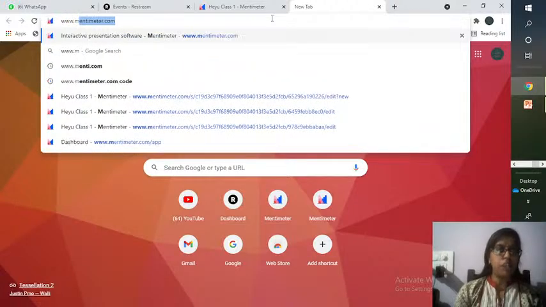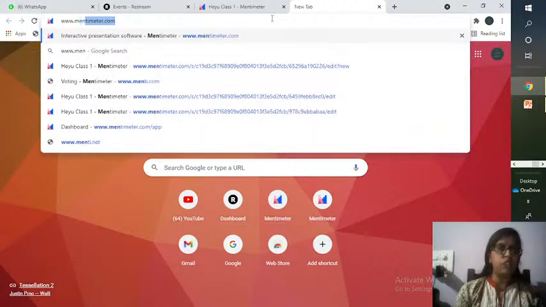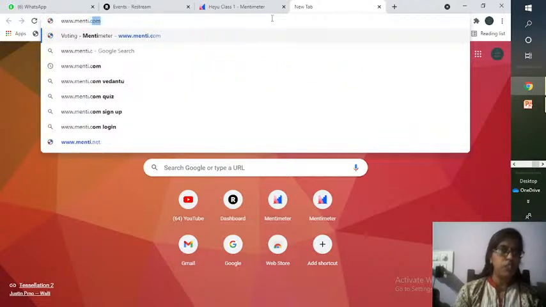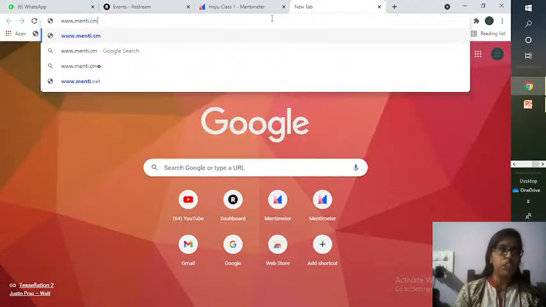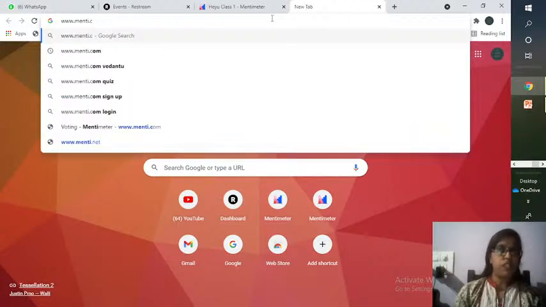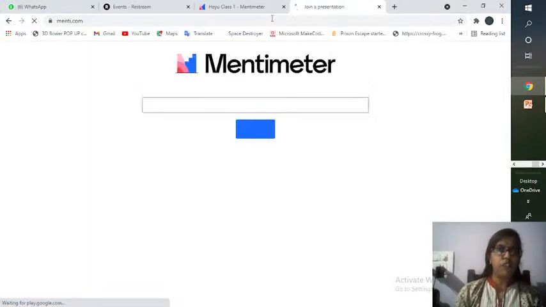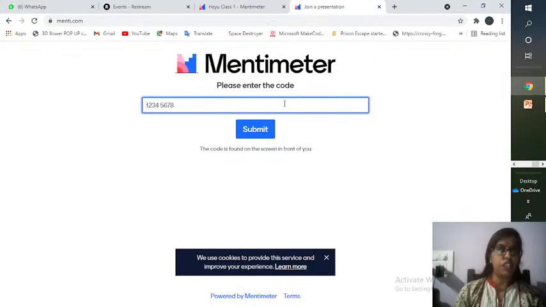Go to any browser. I have taken Google, or you can go to Chrome also. Type www.menti.com, and when you enter it, it asks you to enter the code. Now you can type the code there.